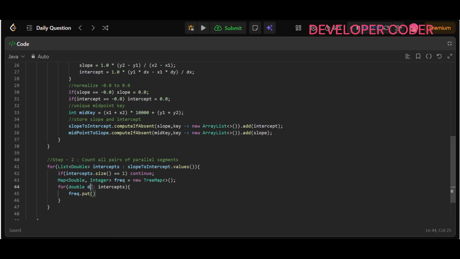So double D, or you can say double B, let's say, right? In this key, just check if this key is already there in your map or not. So frequency map name dot getOrDefault. If this key is already there, then take that value, otherwise take 0 in the starting and add the value. So I'm just counting the frequencies of all this, right?